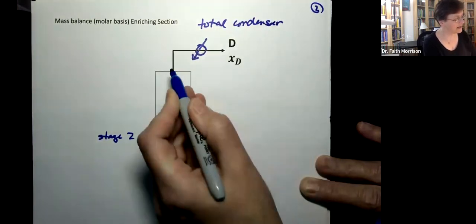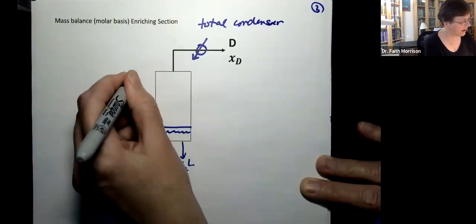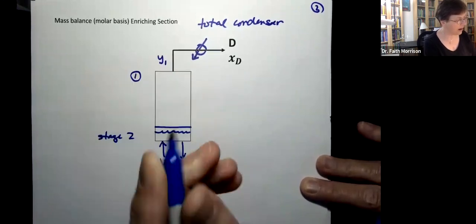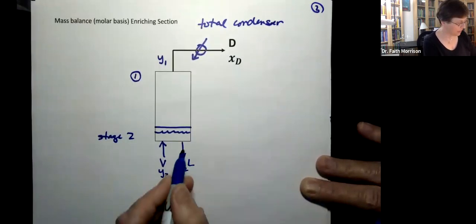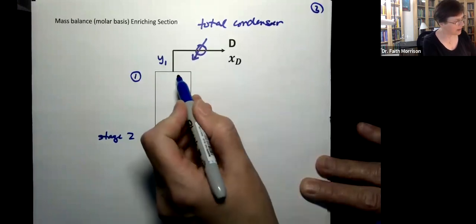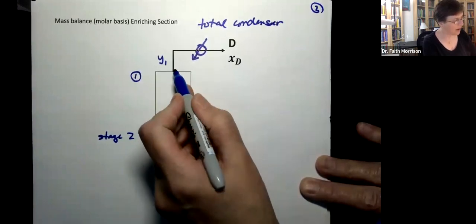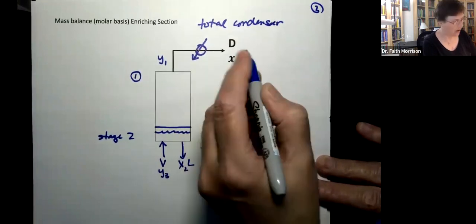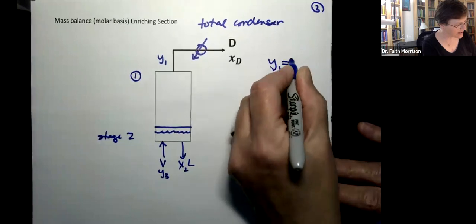So a total condenser means that this stream, which came out of tray 1, which means that it's Y1, every tray is an equilibrium tray, and the compositions of the equilibrium phases are named for the tray number. So it comes up as Y1, it goes through the total condenser and comes out as XD. Well, that just must mean that Y1 equals XD, right?